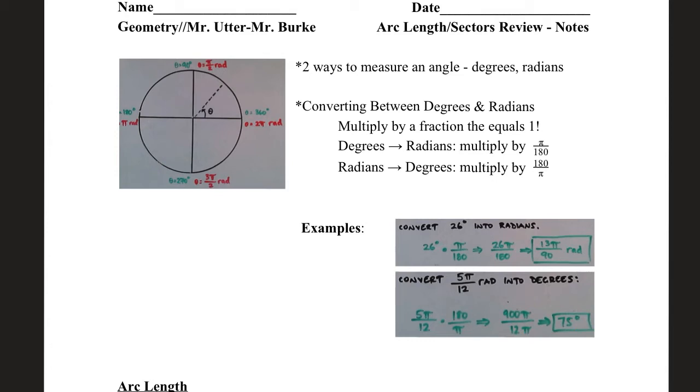So if you notice, there is a rule of thumb here. Rule of thumb is that whatever unit of measure that you're going into, radians up here, degrees down here, that is on the top part of the fraction.